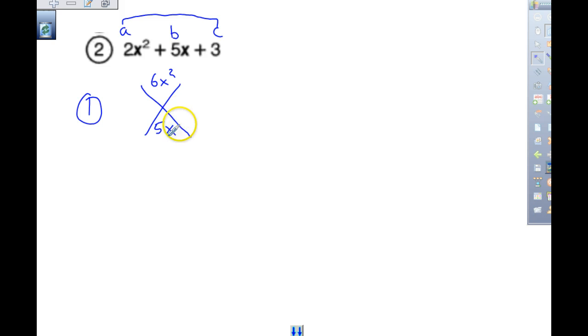You can do that or not do that. It's up to you. What multiplies to 6x squared but adds to 5x? What do you say? Multiplies to 6x squared, adds to 5x.